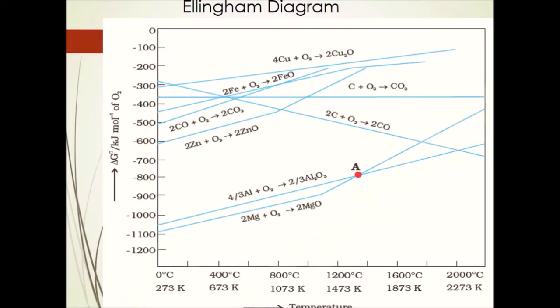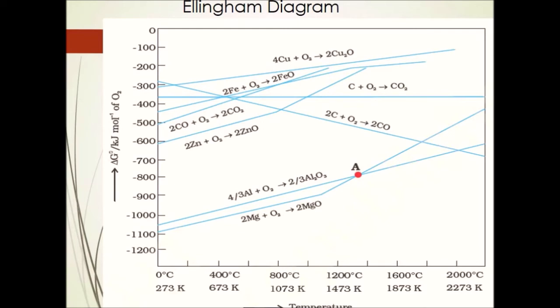It means that certain metals can easily reduce the metal oxides of other metals. For example, aluminium, which is present over here, can easily reduce iron oxide, chromium oxide and nickel oxide, which are present above in the Ellingham diagram. So it cannot reduce magnesium oxide, which is present below.